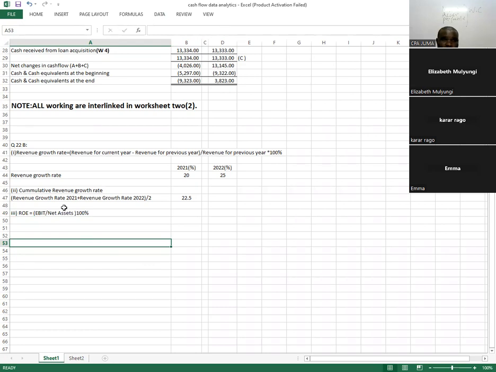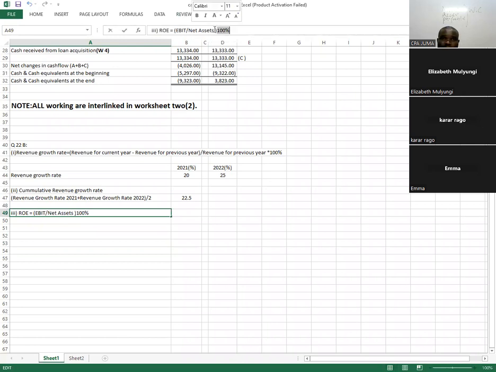So return on equity, even this, those are finance, but fine, I can still recall. You take net income. Net income is now the net profit. So you take net profit, it is always the net profit, over shareholders.